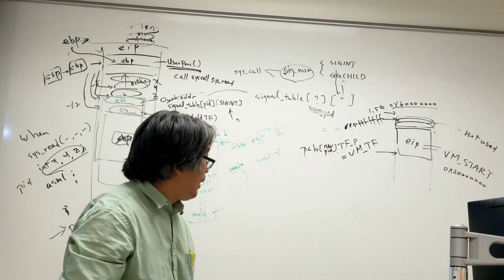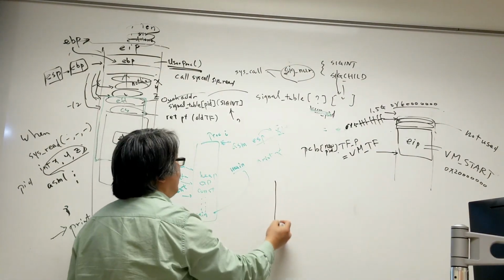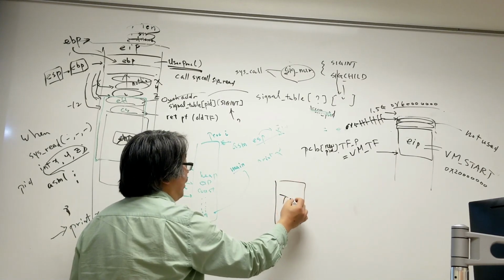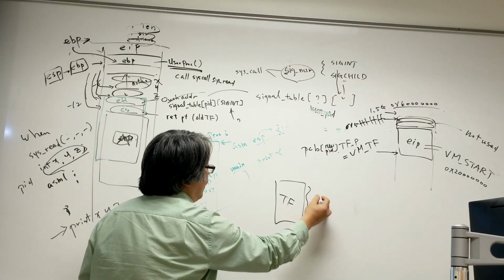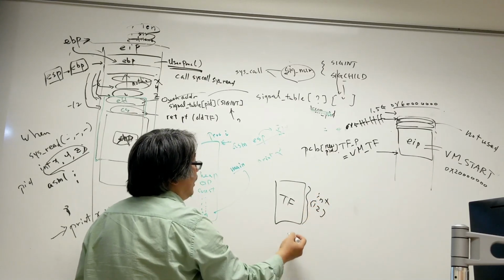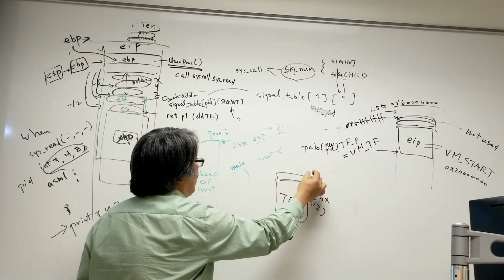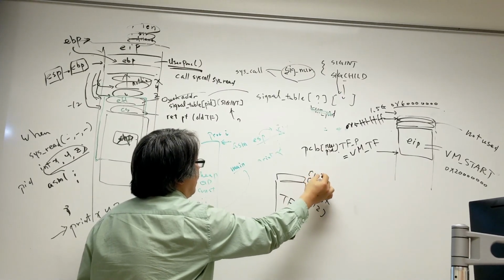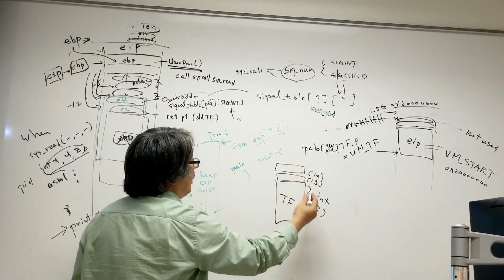Well, actually, some people are pretty smart. They look at the trap frame as how many elements do we have here? 12. It's actually an array of 12. So in this sense, this becomes the number 13 and 14.